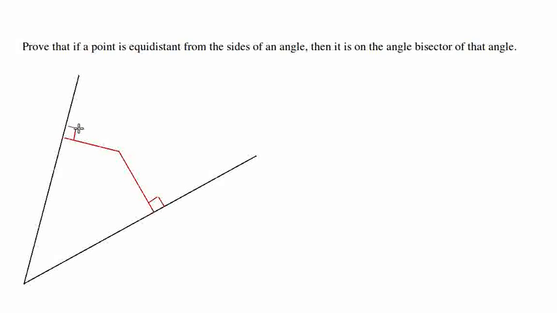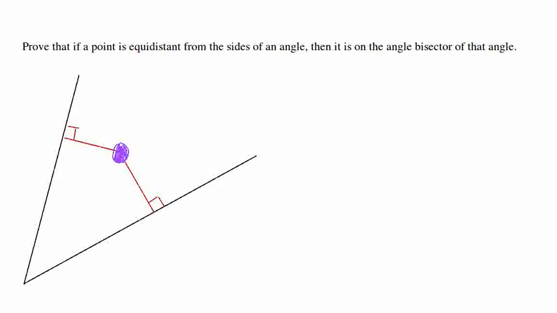So the assumed situation is that, let's make our point maybe purple. We have a purple point, and we know that those two red sticks are congruent. That's all we know. Is that purple point on the angle bisector?